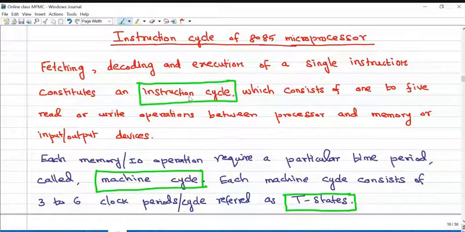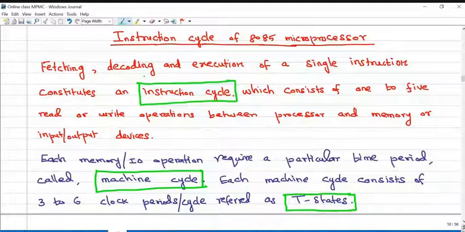So what do you mean by instruction cycle first? The microprocessor fetches the instruction, that is the opcode for the corresponding instruction, decodes that particular instruction, and then executes according to the given instruction.